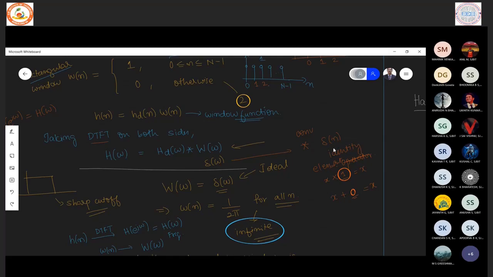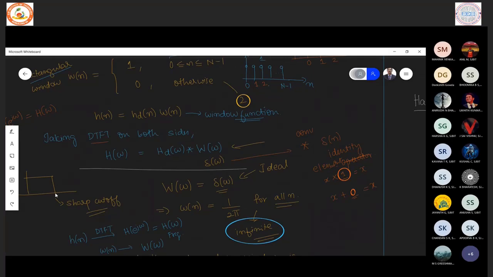When you convert it to the frequency domain, we get what is called delta of omega. Delta of n is the time domain representation; likewise, delta of omega is the frequency domain representation. So if the window function W of omega is like delta of omega, then it is said to be ideal. An ideal response gives a very sharp cutoff, meaning there is hardly any transition. The time taken to go from passband to stopband is practically zero.